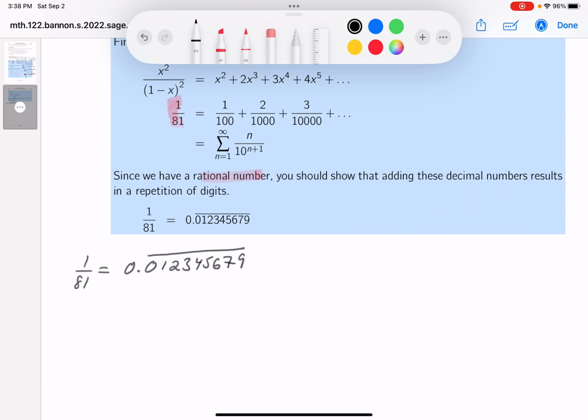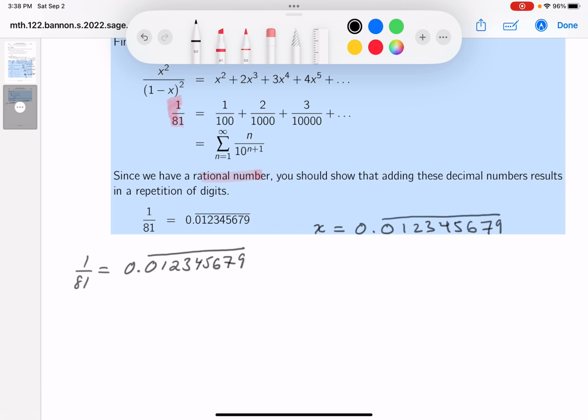So if I were to put this one down, let me write it down for you. x equals 0.012345679, put a little bar over there.